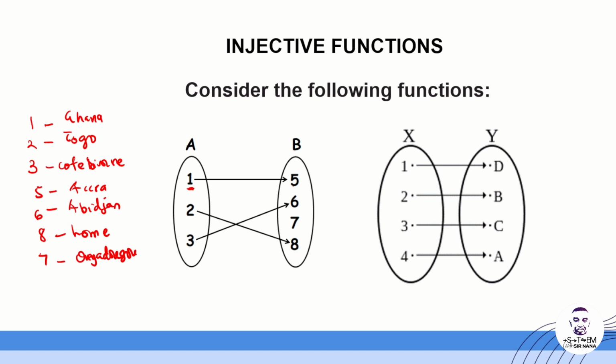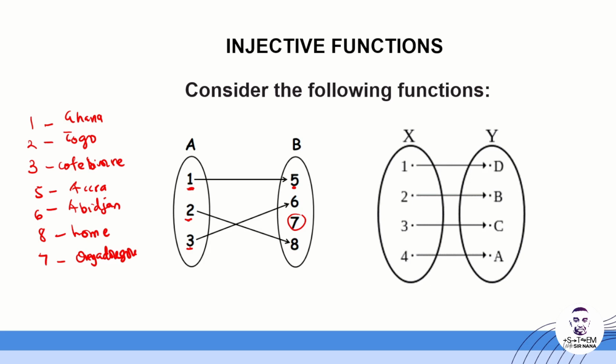Every member of the domain is mapped to a unique member in the codomain. So for injective functions, there is no member in the domain that is not mapped to a member in the codomain. But there could be a member in the codomain that does not constitute the range.